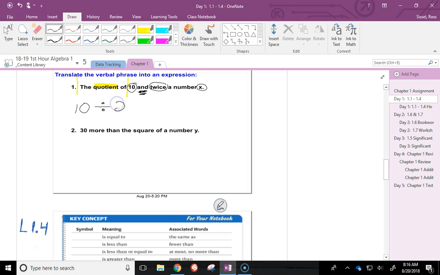So twice the number x is 2 times x. And now I'm going to write it as a fraction, so this becomes my numerator. 10 over 2x. Okay.